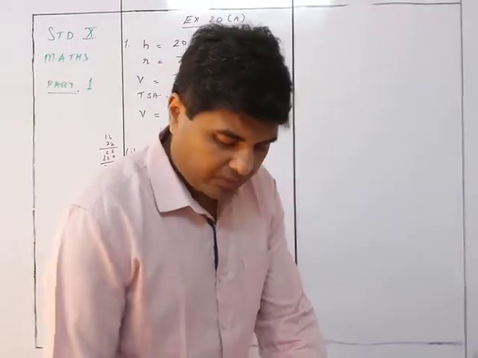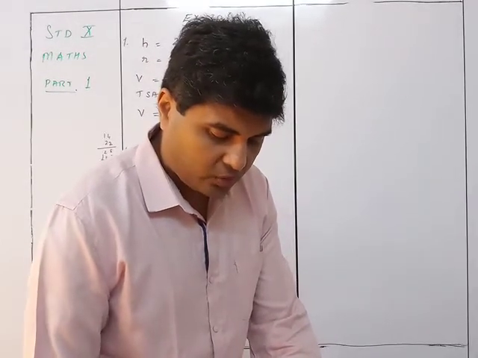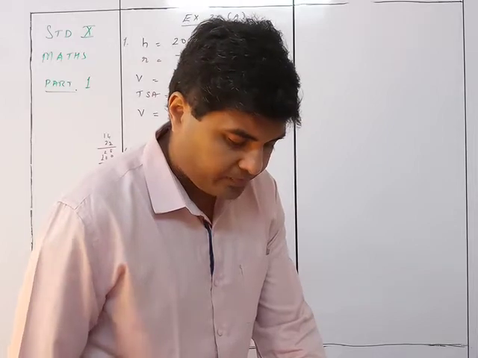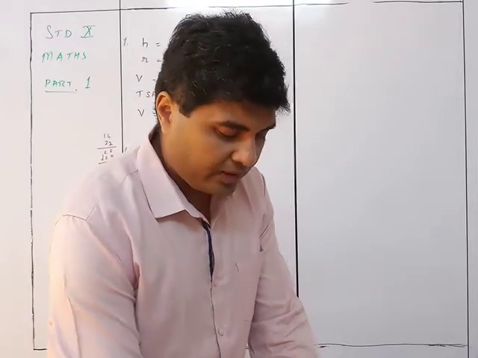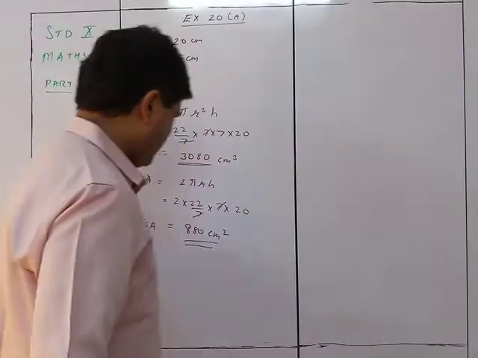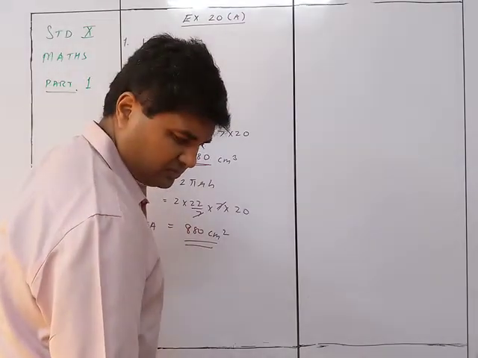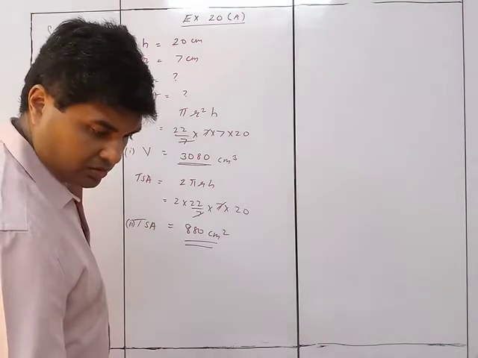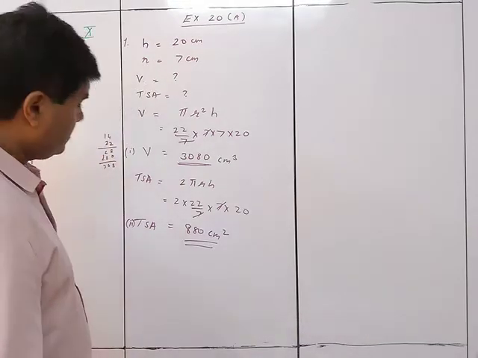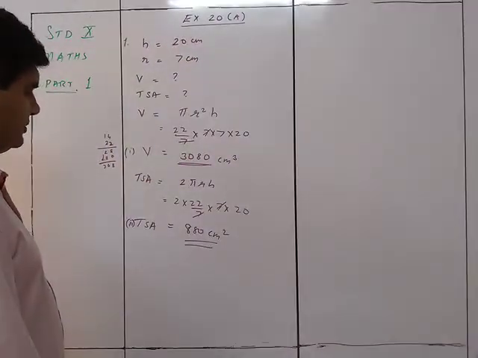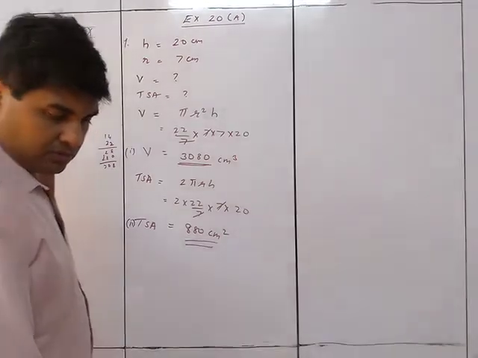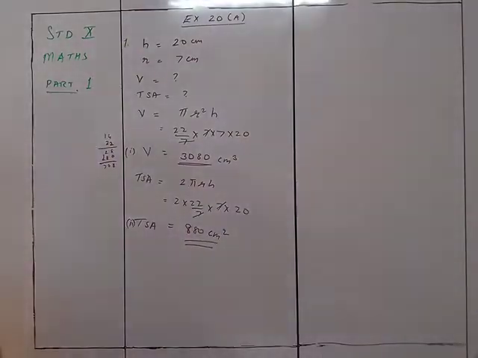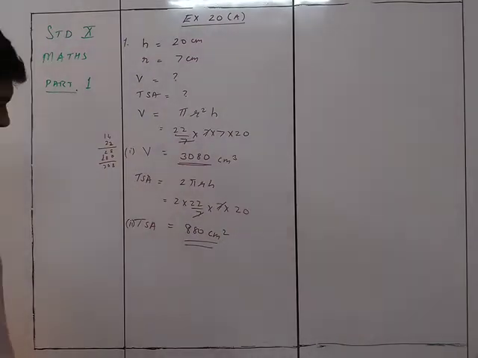We'll keep on checking the answers also so that we know that we are not making any mistake. 3080 and 11... Just check it out. Total surface area. Height is same. 1188.